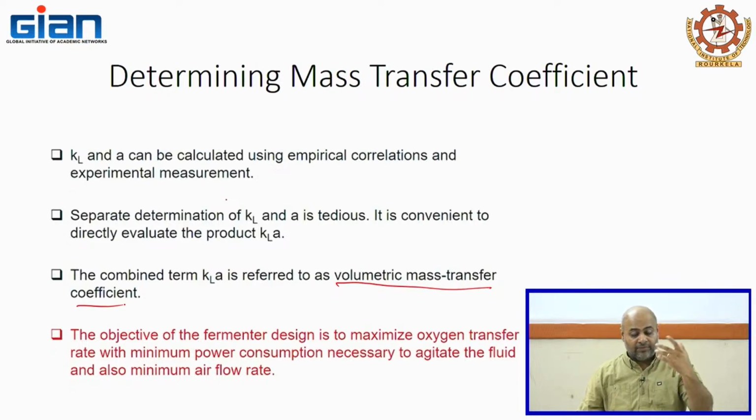The objective of the fermenter design is to maximize oxygen transfer rate with minimum power consumption necessary to agitate the fluid and also minimum airflow rate. You got the drift? Least amount of airflow, least amount of agitation, but I still want growth.